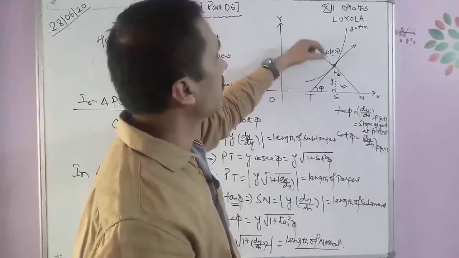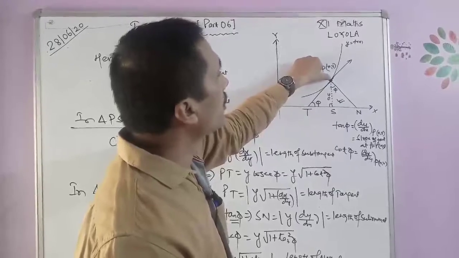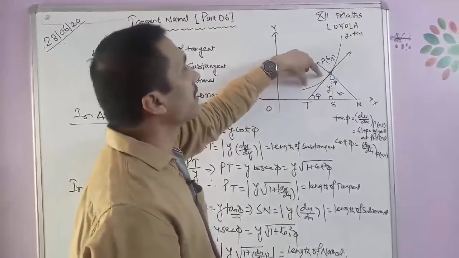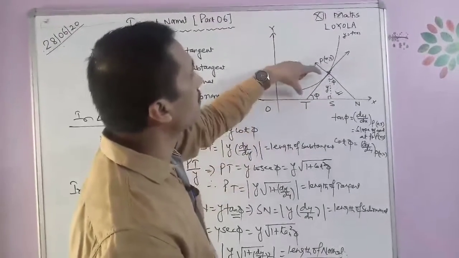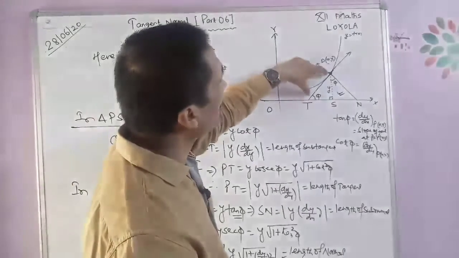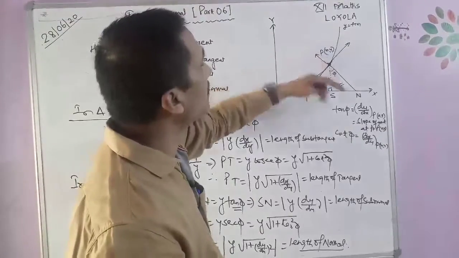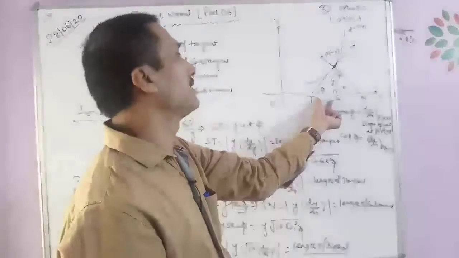We draw the tangent at point P. The portion of the tangent intercepted between the point of contact and the x axis is called length of tangent, and the projection of this tangent on the x axis, that is ST, is called subtangent.